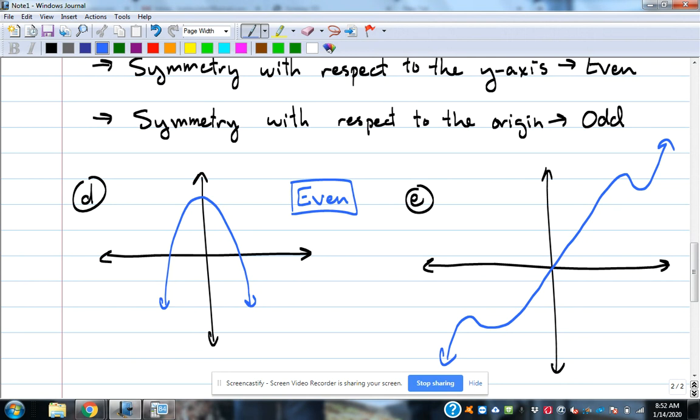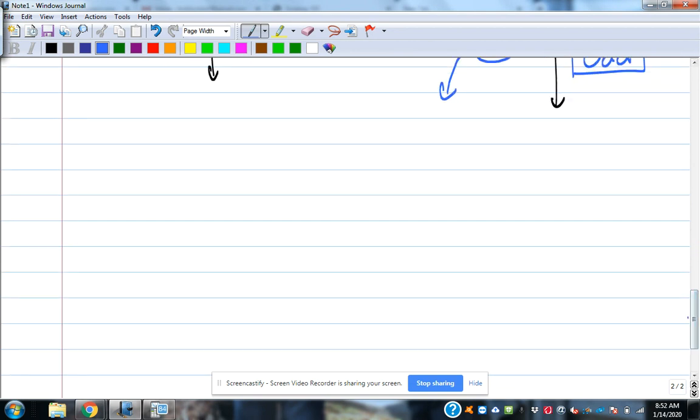So if I folded this piece over here and then folded this down on top of it, it would match up. So this would be an odd function. Graphically is not the best thing to test odd or evenness of functions. It's better if you got equations, but we got to be able to look at some graphs if we don't know the equation for them and decide if they're odd, even, or neither.